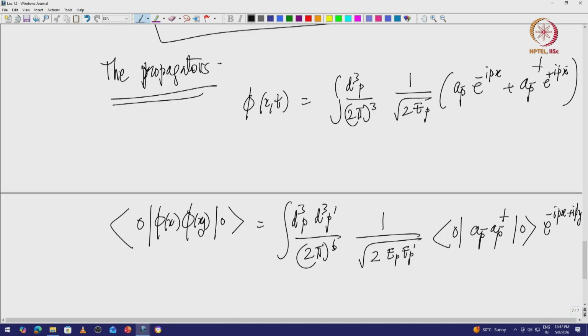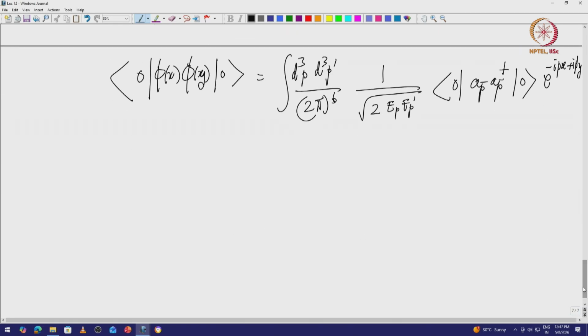So this function, now here you can calculate this essentially.